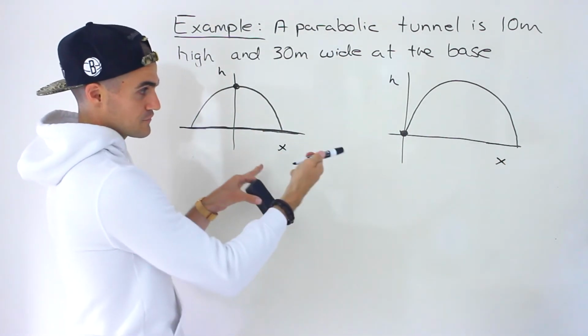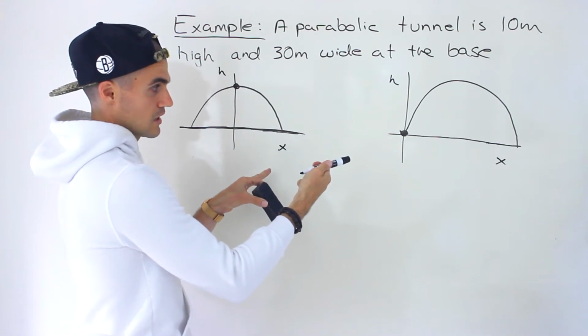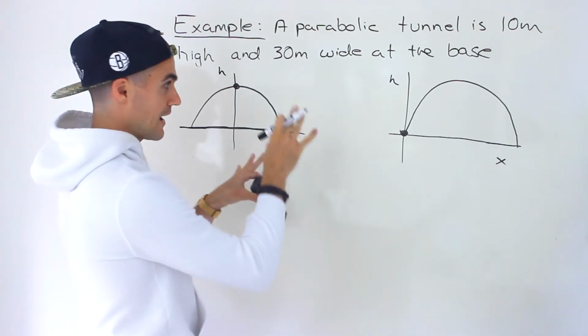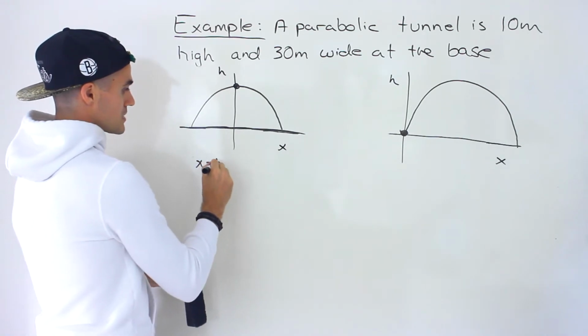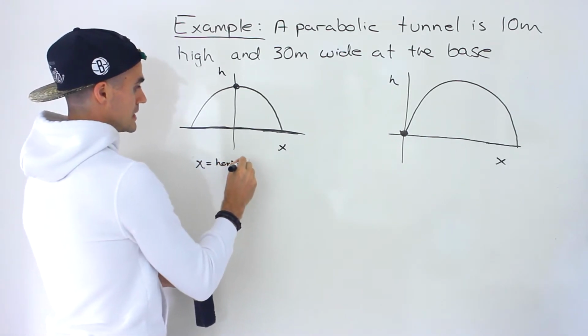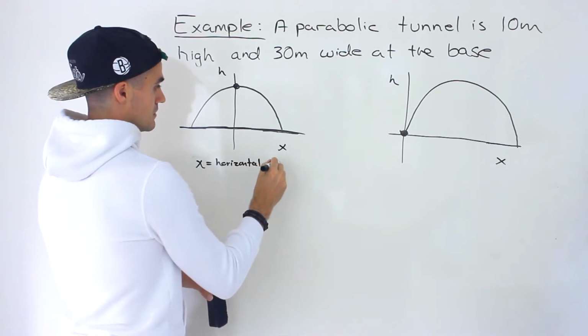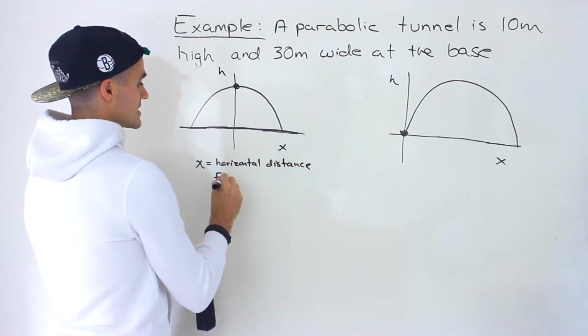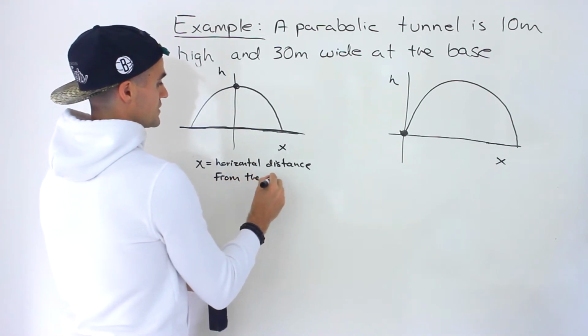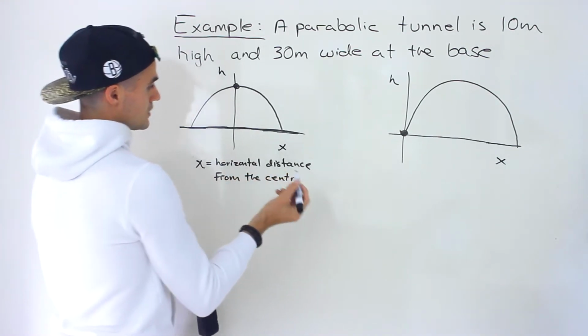Now the x variable in both of these scenarios represents something different. The height is the same, but the x over here represents the horizontal distance from the center of the tunnel. Okay, you can see that in the diagram.